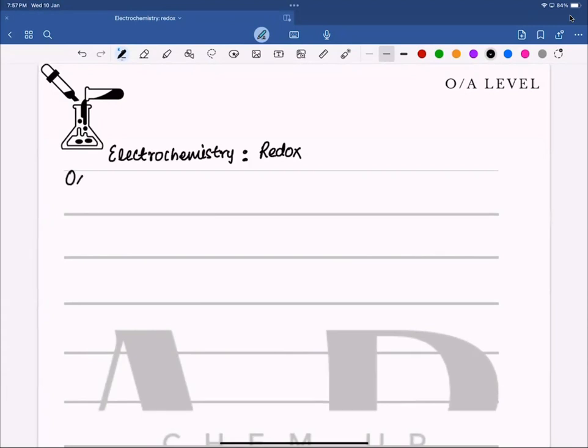Okay, so the first thing in redox we are going to discuss is oxidation number, or we also call it oxidation state.